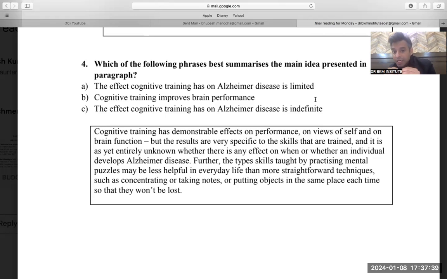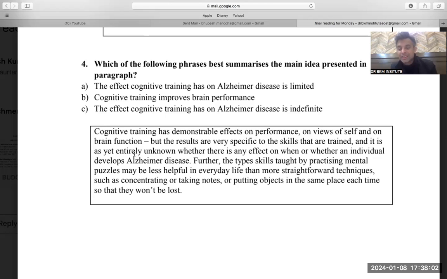Anyhow, the effect cognitive training has on Alzheimer's disease is indefinite. Now this is the word. Definite means it can be defined. Indefinite means it cannot be defined. That means the effect cognitive training has on Alzheimer's is not definite, it's undefined.